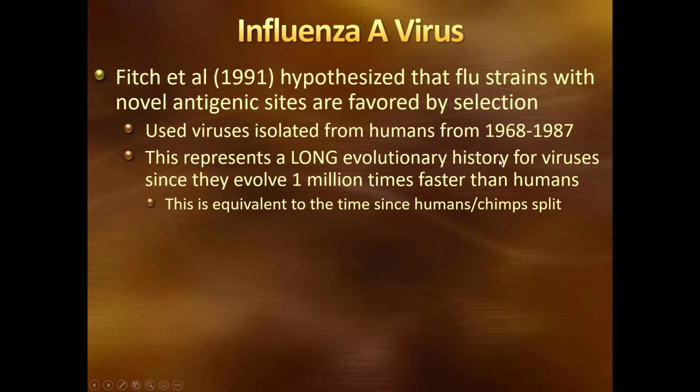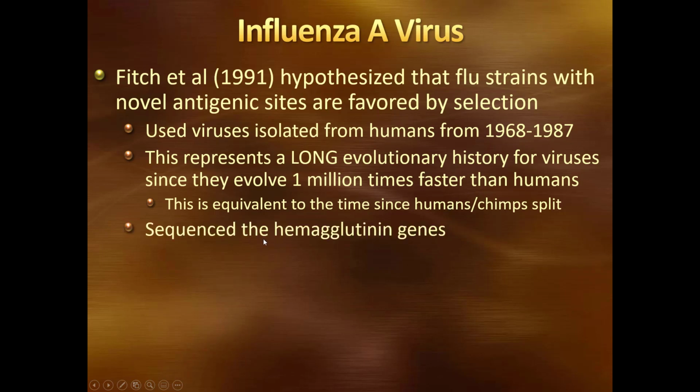From an evolutionary perspective, from the virus's perspective, that's a very long time. Viruses evolve 1 million times faster than we do. So in the virus's world, this is more of a time span than we have between when humans and chimps split from one another. So that's a long time span in the evolutionary history of a virus.